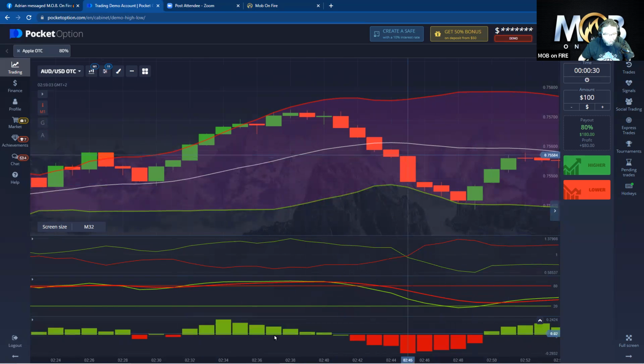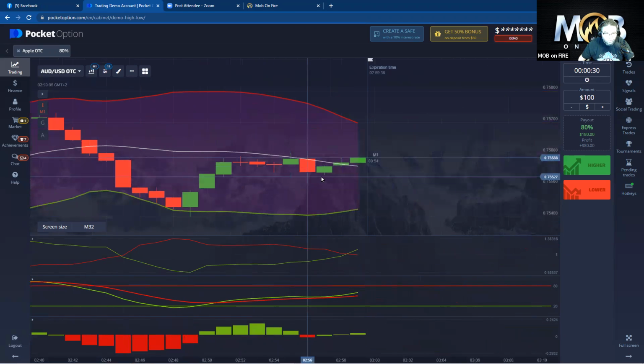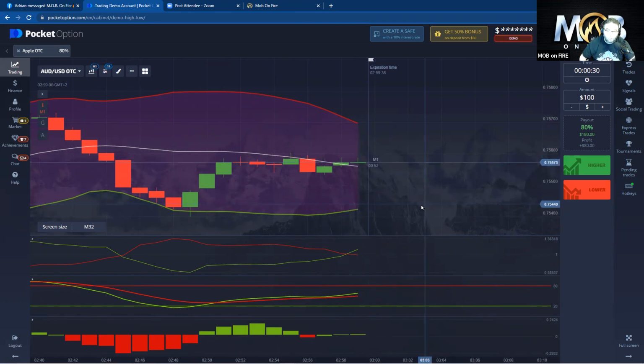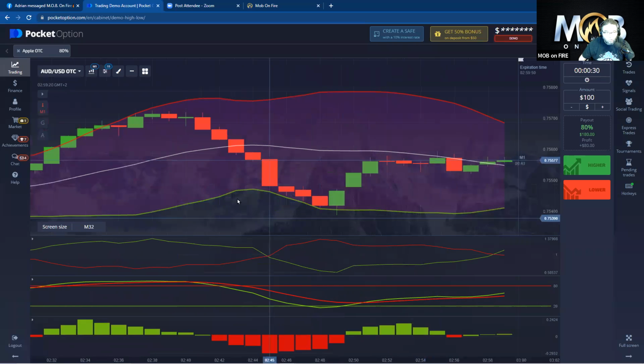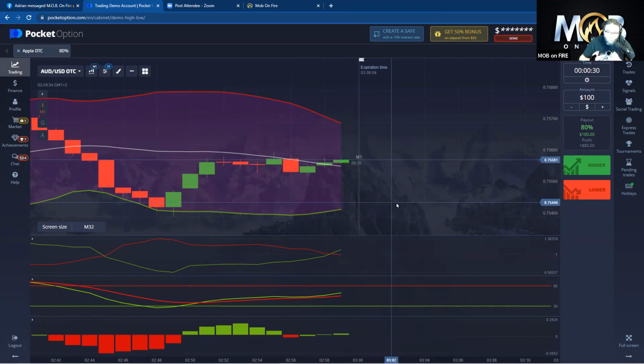You want a market that is volatile, because the more volatile the market, the more money you're going to make. The strategy is very simple. You look for price to come outside of the band, ride it on the way down, wait for it to come outside of the band, ride it on the way up. It's just like Uncle Willis said, you can stay on one pair and make a killing.